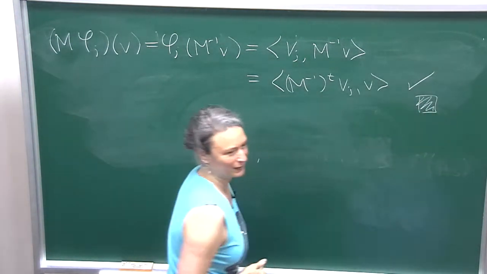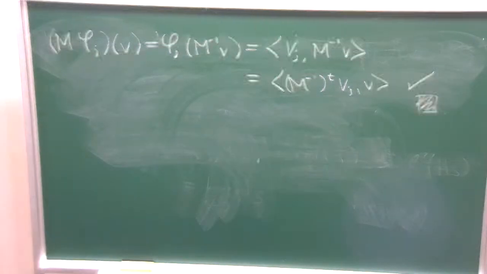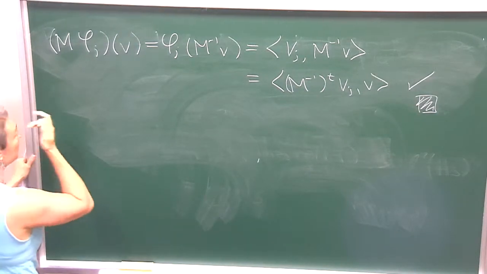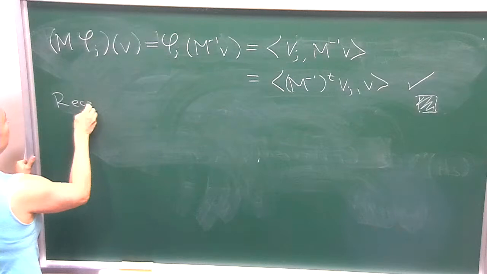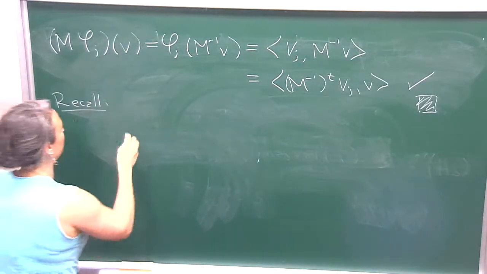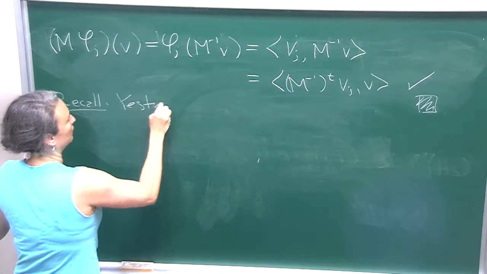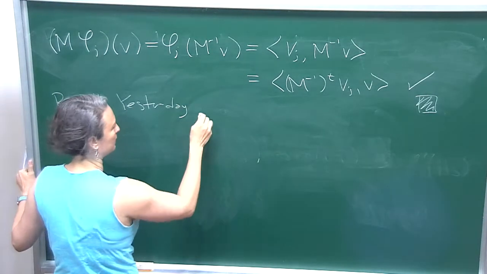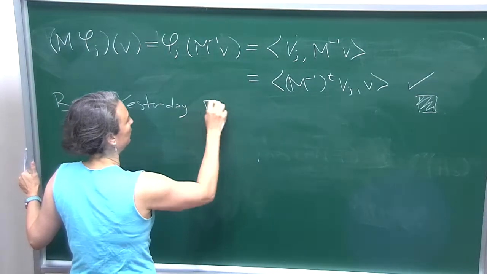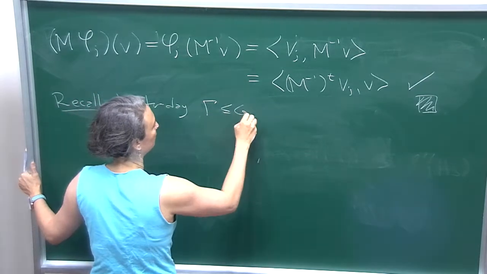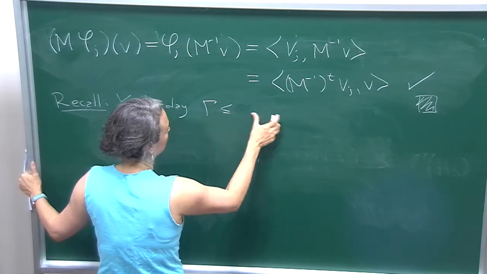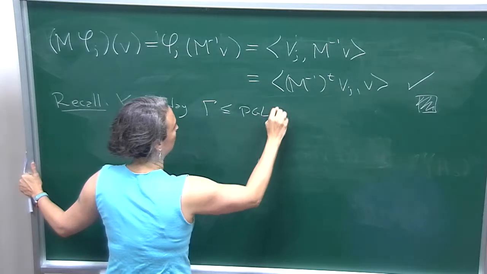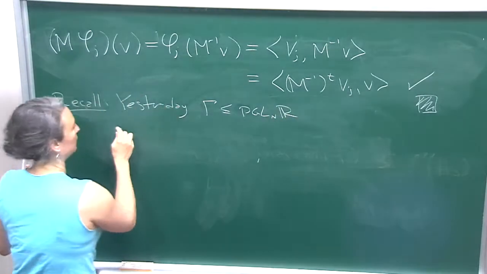I'm not sure if that really deserves a little box, but I just want to recall that yesterday, in answering the question, what was the closure, or given gamma inside PGL_n(R), what did it mean to be amenable?